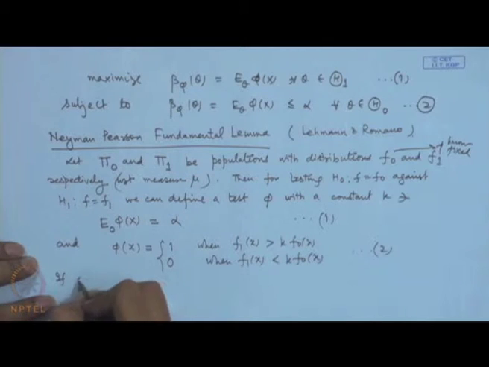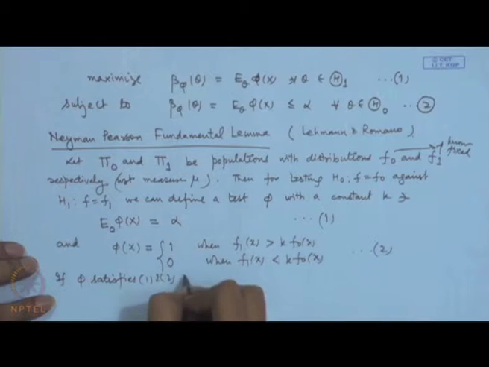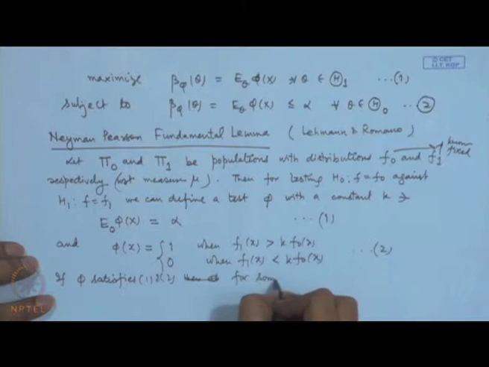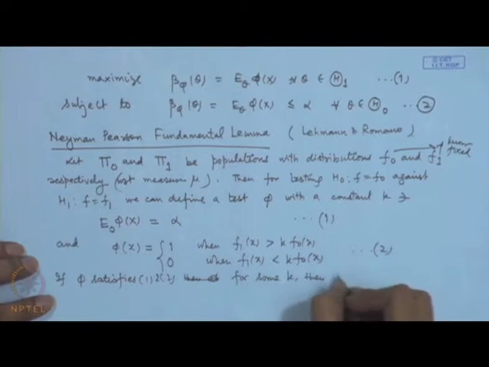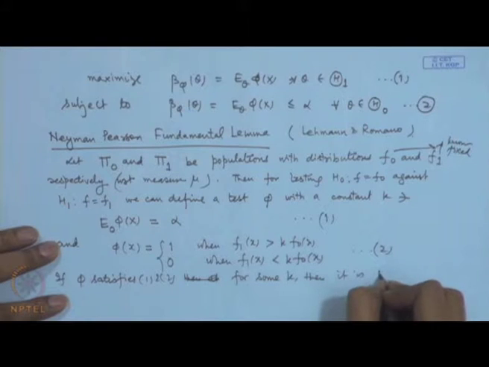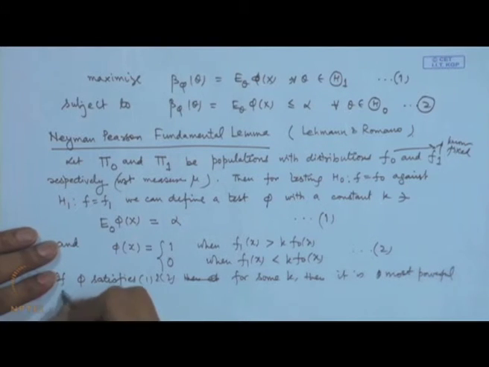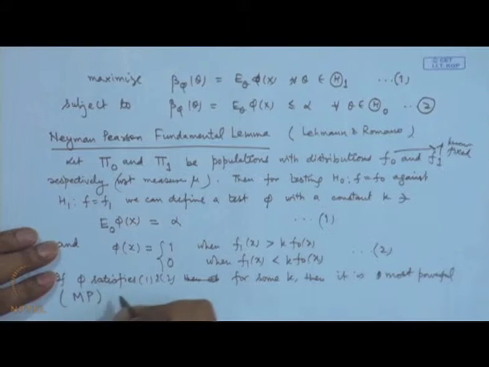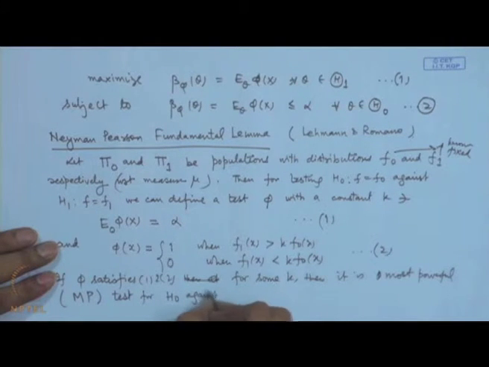If phi satisfies 1 and 2, then for some k, it is most powerful, for which we use the notation MP, for H naught against H 1 at level alpha.